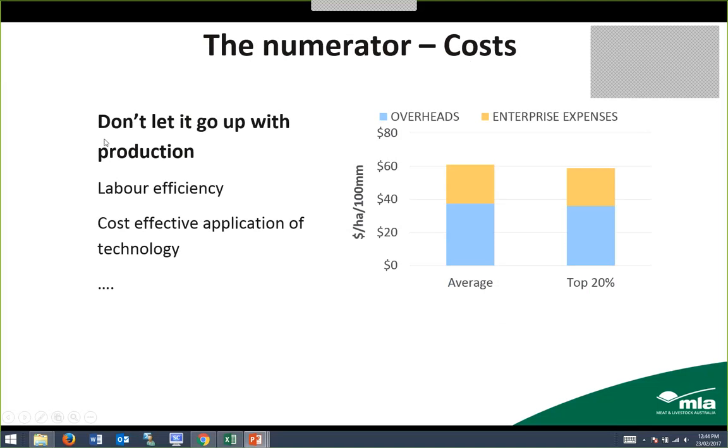So the point that I'm trying to demonstrate here is that you should try and keep your cost structures low, and as you increase production, they don't necessarily have to go up. Labour efficiency is a really important part of managing that, and cost-effective application of technology is another.